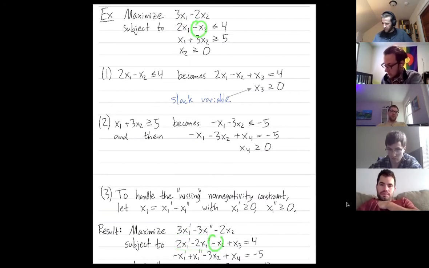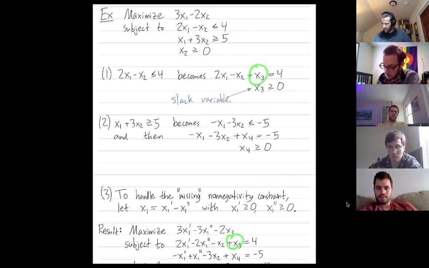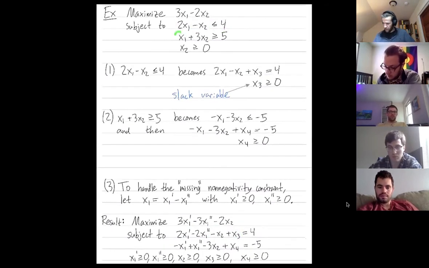Minus x2 stays around. And then I have my slack variable, x3, and my slack variable took this inequality to an equality. Right, okay, this inequality became this.